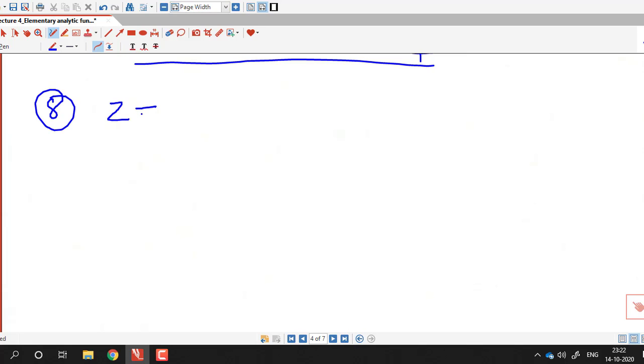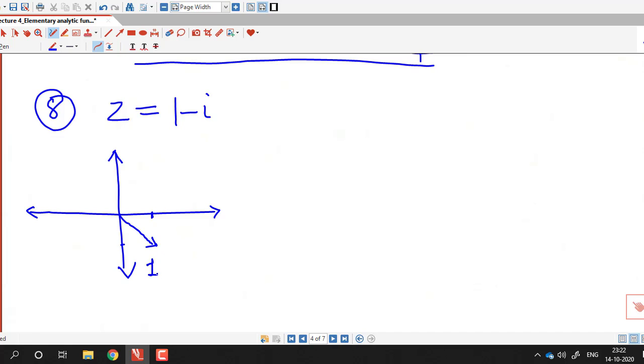So say z equal to 1 minus i. If you observe, 1 minus i means x is positive and y is negative. So suppose this value is 1, so this is minus 1. So this is nothing but 1 minus i. Now to find the argument of this complex number, if you recall, we have discussed how to find the argument of a complex number.